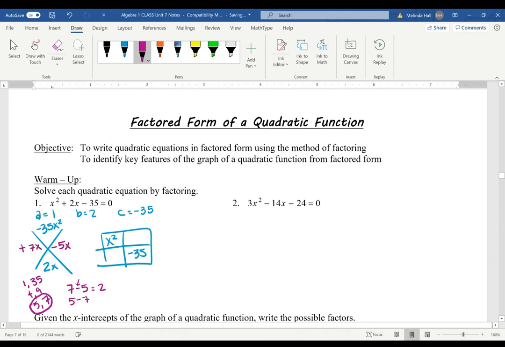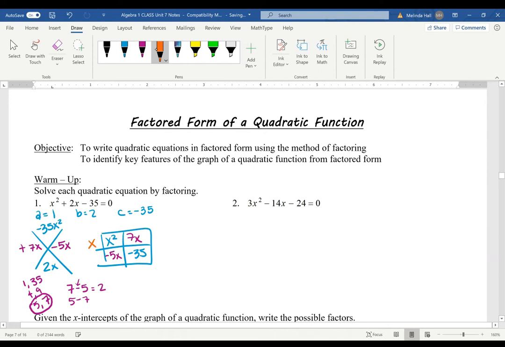Okay? So then you take these terms and you throw them into your box. 7x and negative 5x. And then you are just factoring every row and every column. And for a lot of you, what I noticed is you just had a hard time getting your GCFs out. So with x squared and 7x, I can take an x from both of those terms.